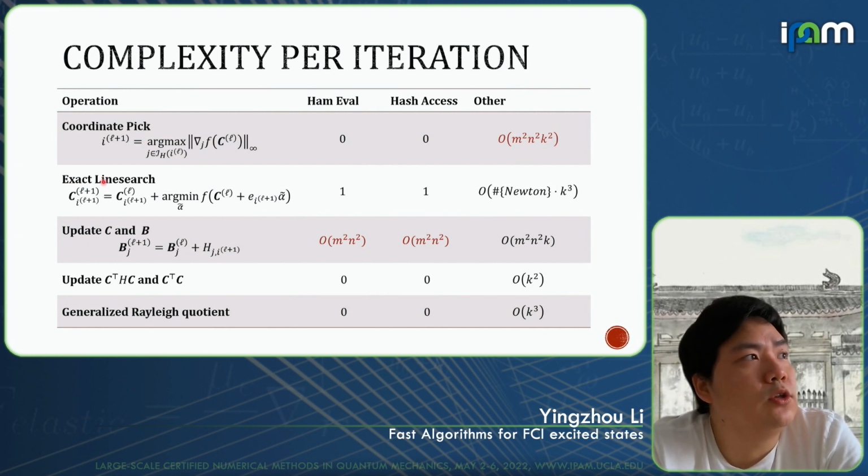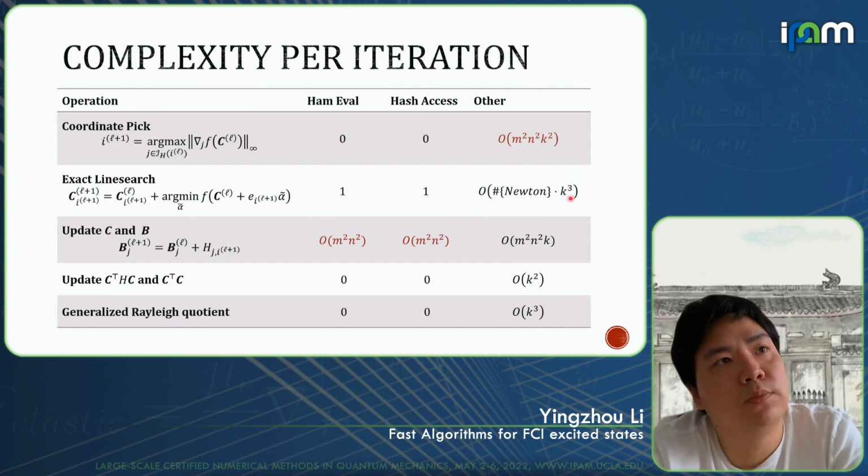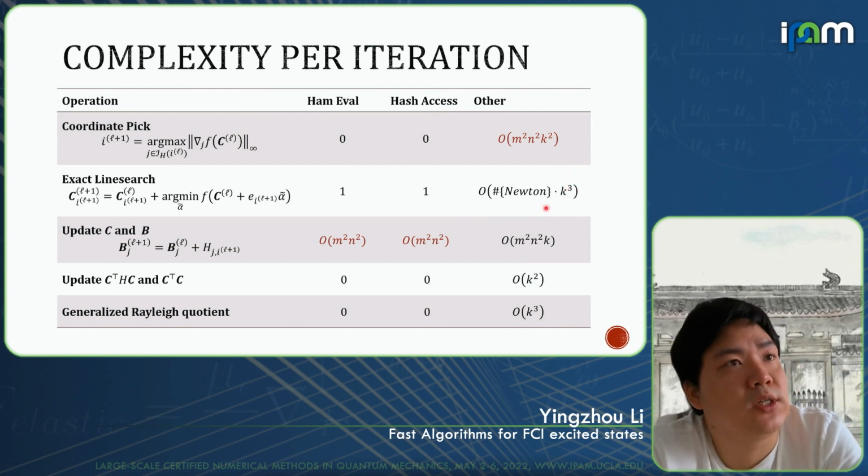In doing exact line search, we need to evaluate the Hamiltonian once, because we need to get the diagonal entry. So there is a single evaluation of the Hamiltonian, and also one hash table access. The cost will be the number of Newton steps times k squared, and k cubed is the cost of inverting those k by k matrices. The most expensive step will be updating the vectors.